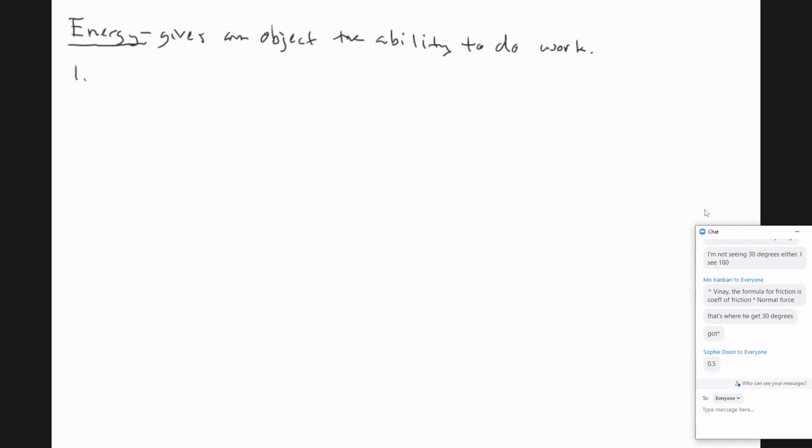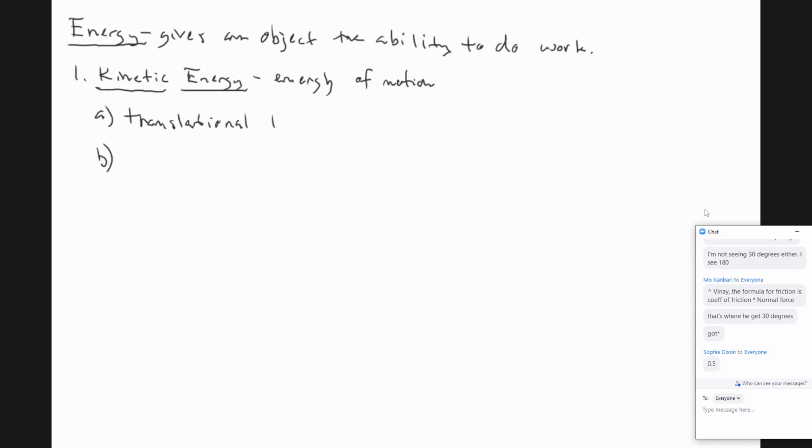The first is kinetic energy. This is energy of motion. There are two types of kinetic energy. The first is your translational kinetic. This is the one everyone learned. And that's equal to what?